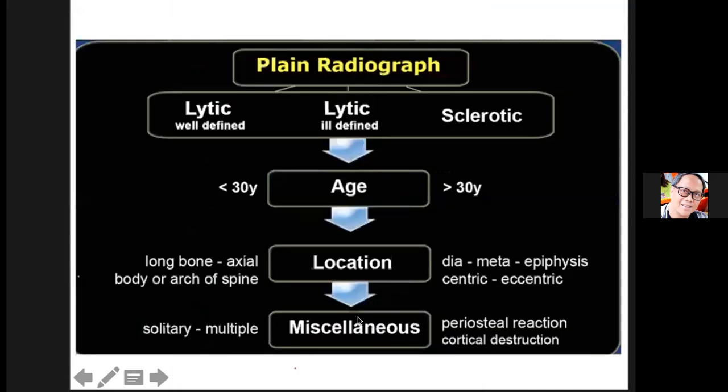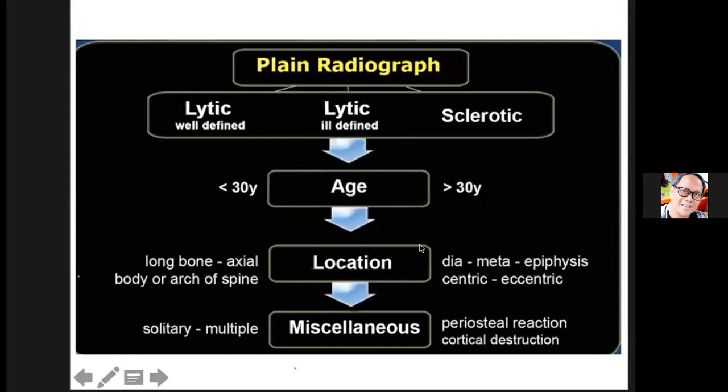So again, this is just a repeat of the first slide I showed you. When you do pattern identification, if there is a loss of bone density, that's a lytic lesion. If there is increased opacity, that's a sclerotic lesion. And that can be applied to the edge of these lesions, the cortex. You may or may not have sclerotic margins.